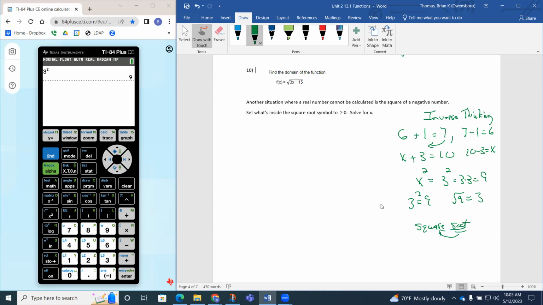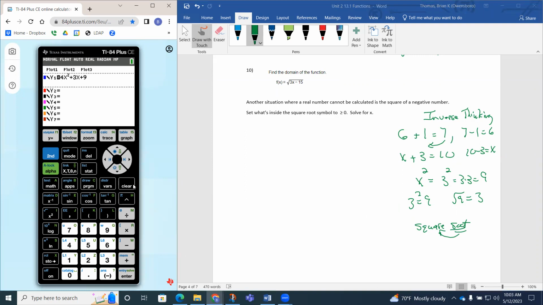So if I look at a table of squares, if I use the y equals button, clear this off, and put x squared into the calculator, if I go to the table, it'll give me my table of squares.